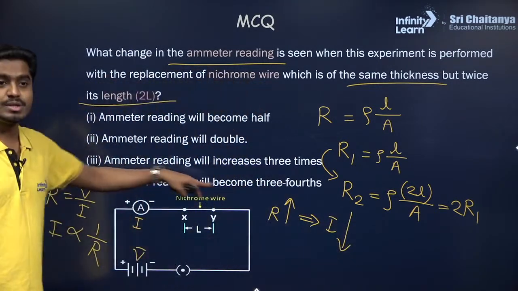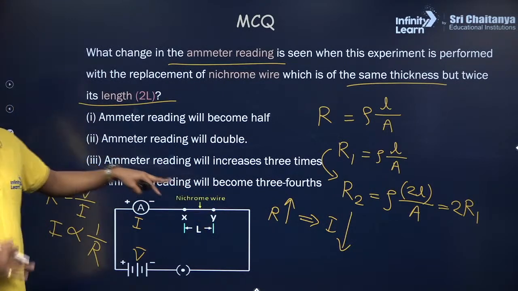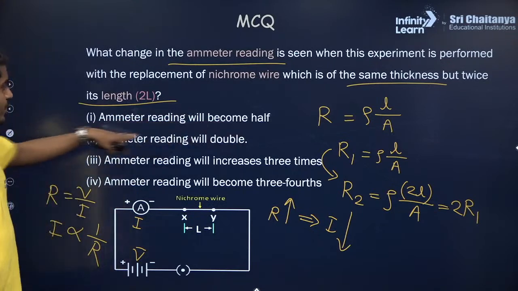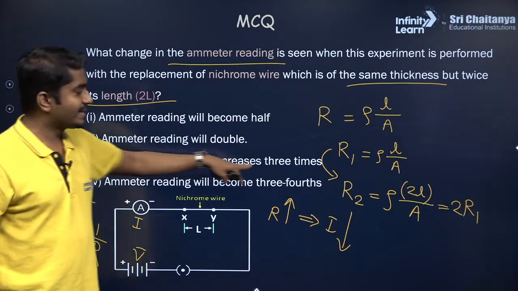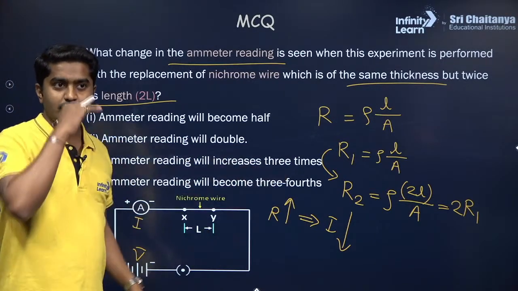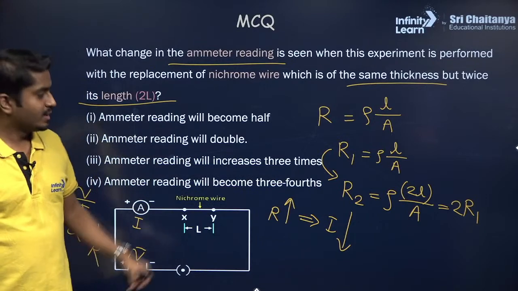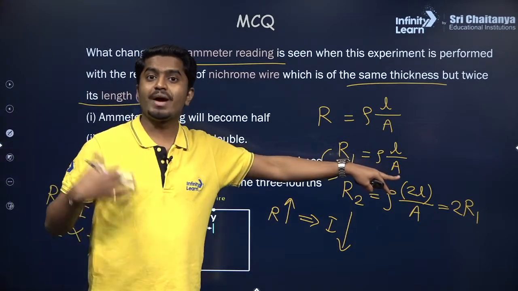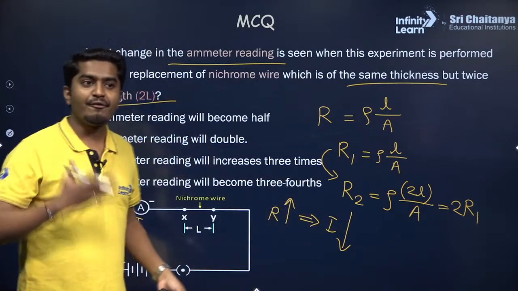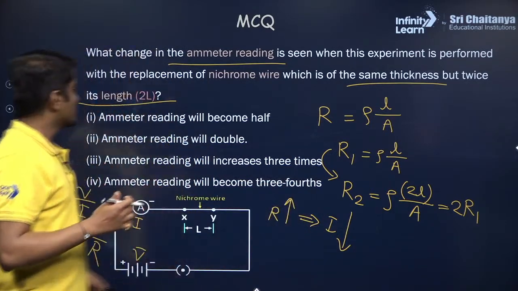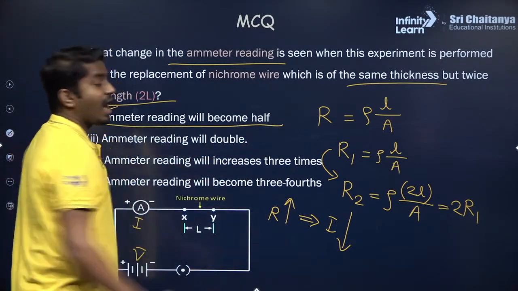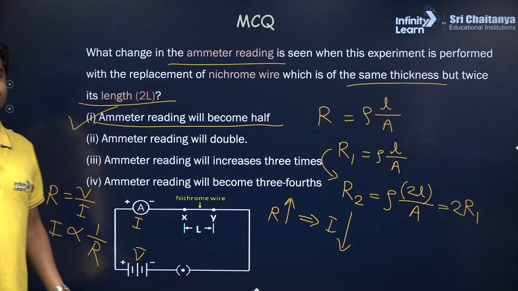Current which is flowing through the circuit will decrease. So ammeter reading will be half, will be double, will increase 3 times, or it will become 3/4. So what will happen to the value of current? Resistance you increase twice. So ammeter value, that is the current value, will be half. Okay, so that is the correct option. Ammeter reading will be half of the original value.